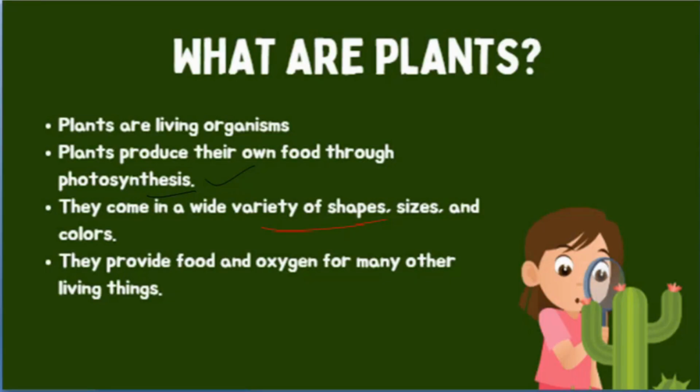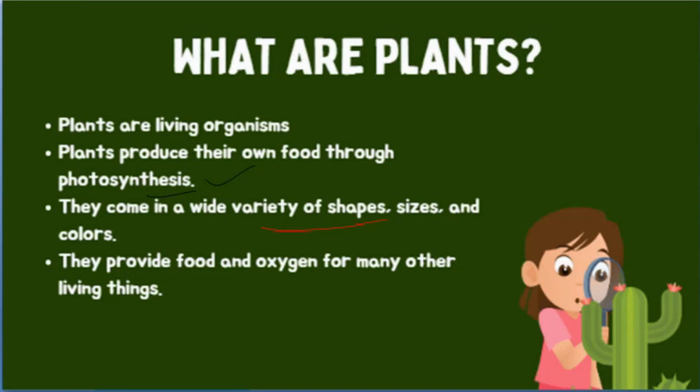And if I talk about the shapes, some plants are very tall, and some plants are very short, and some are medium sized. So their shapes are also different. Their sizes are also different from each other.